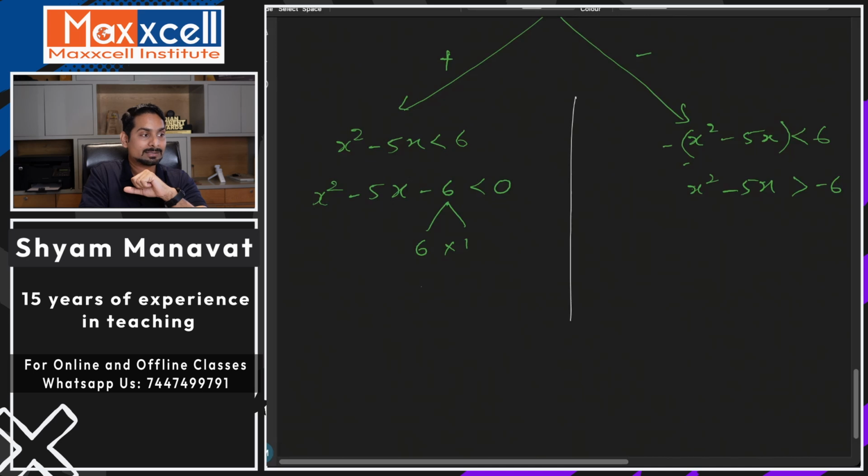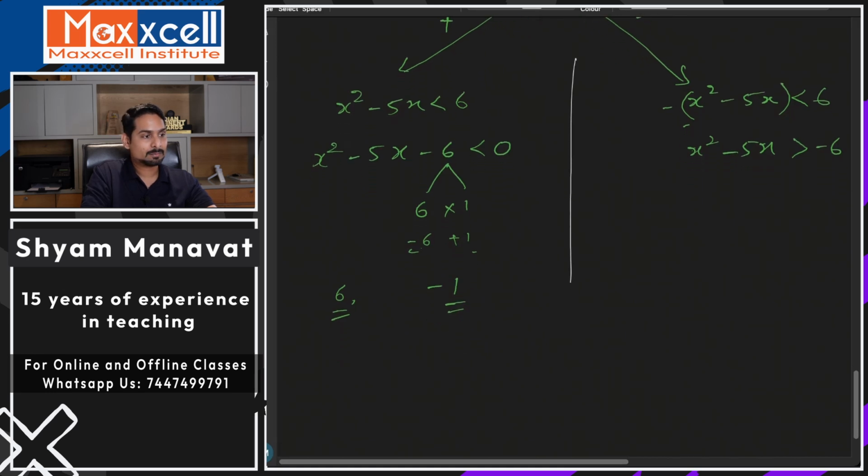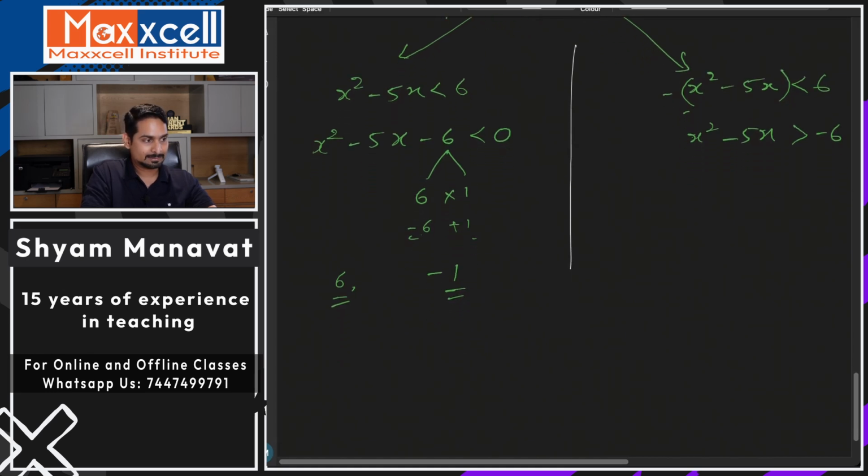And how do you get this minus 5 by 6 and 1? You use minus 6 and plus 1, right? So the roots should be, change the sign here. The root should be what? 6 and minus 1. Yeah, root should be here what? 6 and minus 1. They are the roots. Okay. So with this we will say, the x here, this is quadratic inequality.